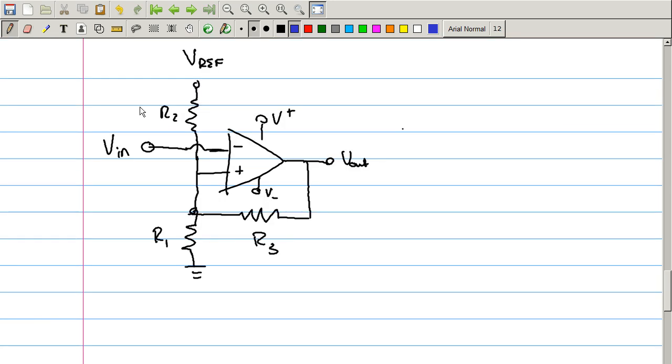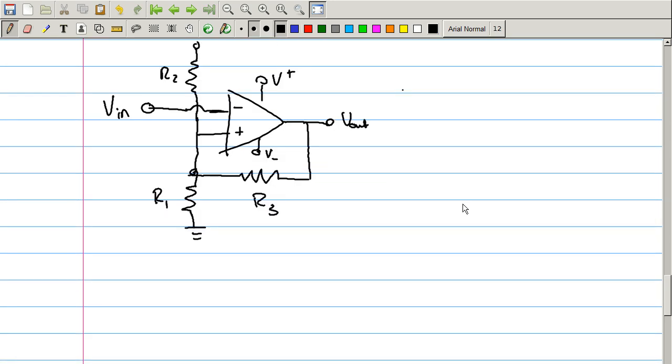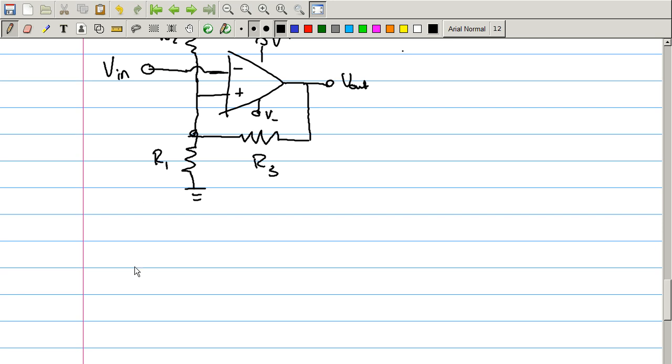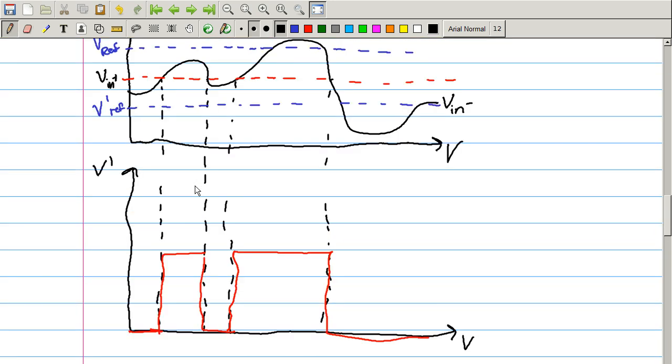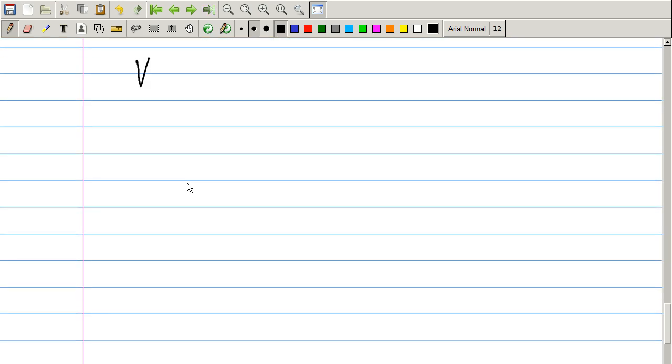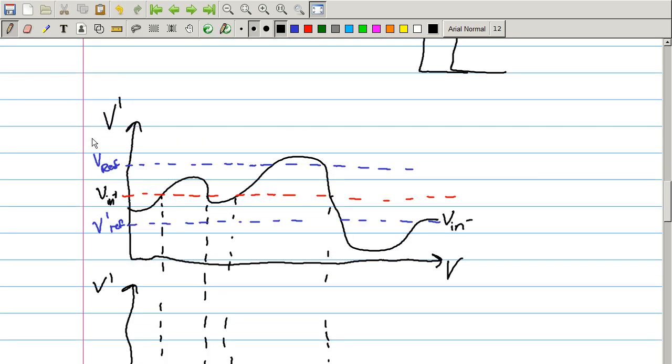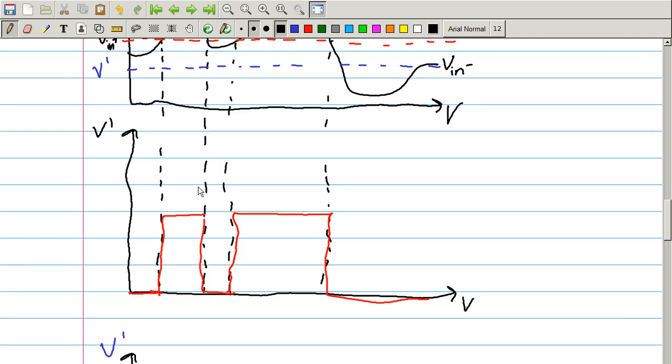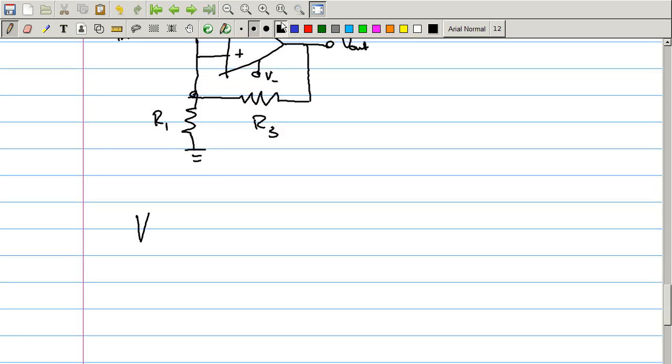I'm not going to call it V ref because V ref's already taken. I'll just call it V and V prime. Just remember that they're blue and different than this V prime. I apologize for that.